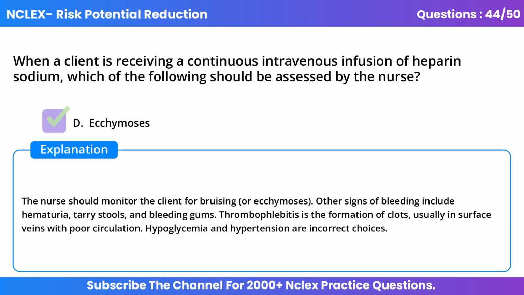The nurse should monitor the client for bruising, or ecchymosis. Other signs of bleeding include hematuria, tarry stools, and bleeding gums. Thrombophlebitis is the formation of clots, usually in surface veins with poor circulation. Hypoglycemia and hypertension are incorrect choices.